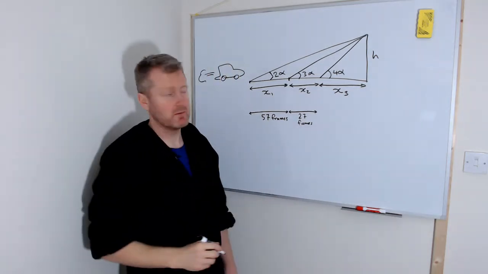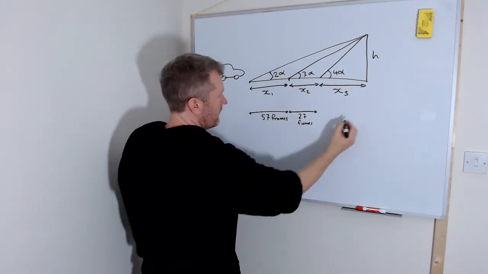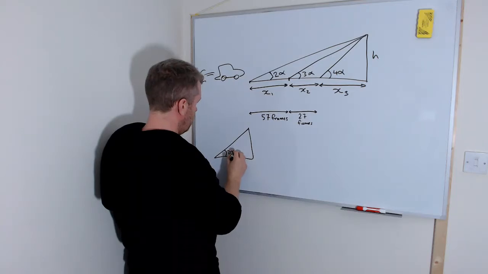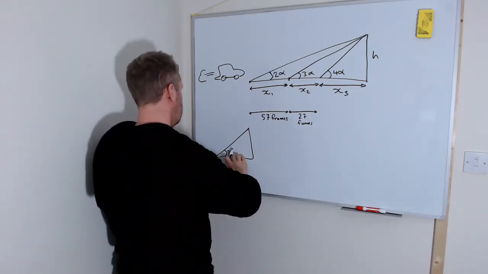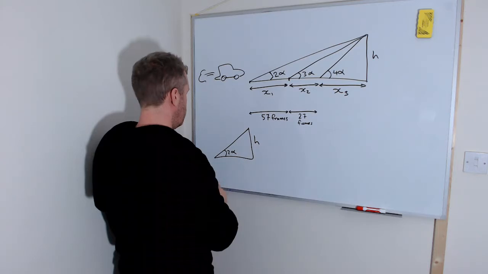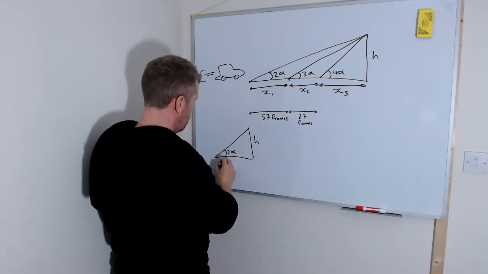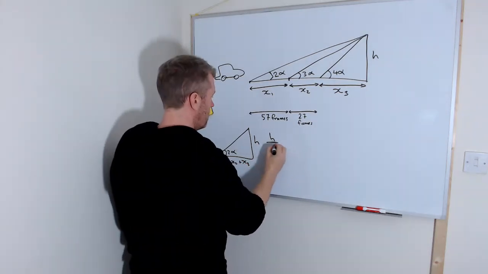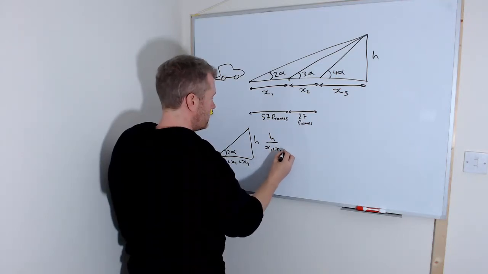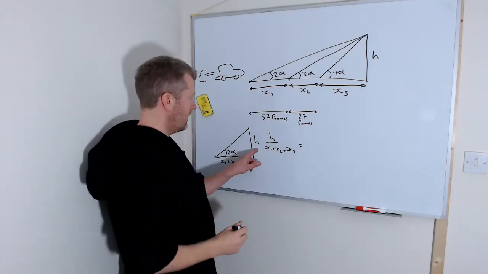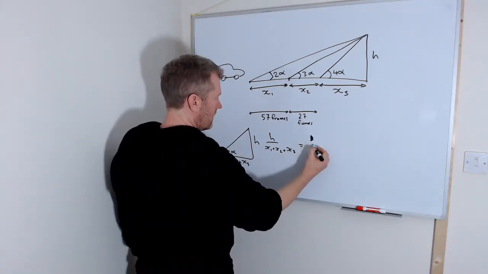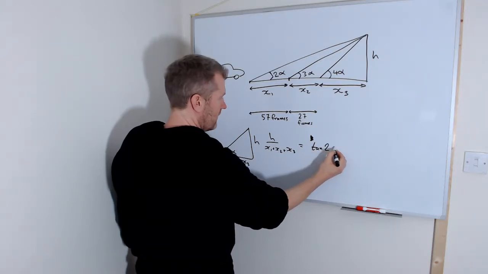So if you remember your trigonometry, if we look at the big triangle, this is 2 alpha, worst alpha ever. This is h, and this is the sum of all three. So we have h over x1 plus x2 plus x3 is equal to tan, opposite over adjacent, so tan 2 alpha.